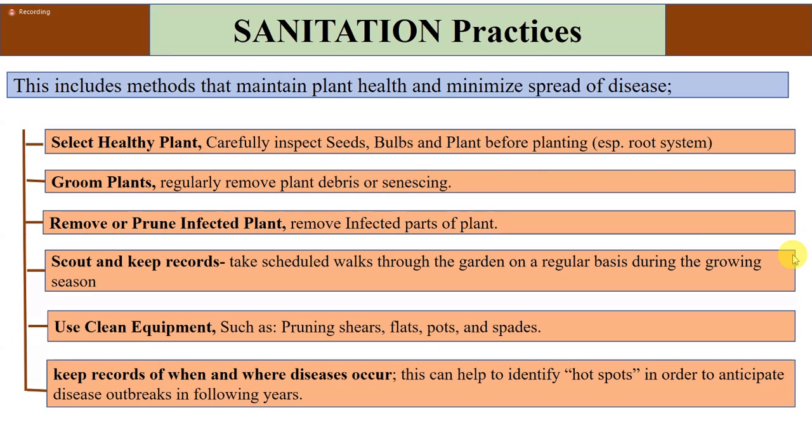And the most important thing during sanitation or IDM is to use clean equipment such as pruning shears, flat pots, and spades, because most pathogens can transmit from one place to another by used equipment, such as nematodes, and mostly fungal spores, conidia, and sclerotia. These can be spread from one place to another.